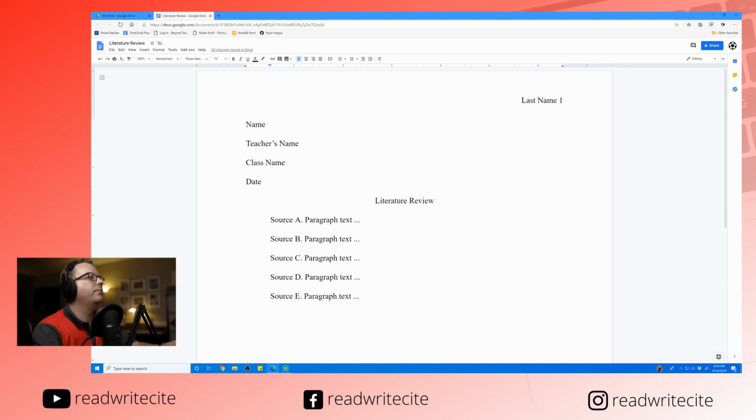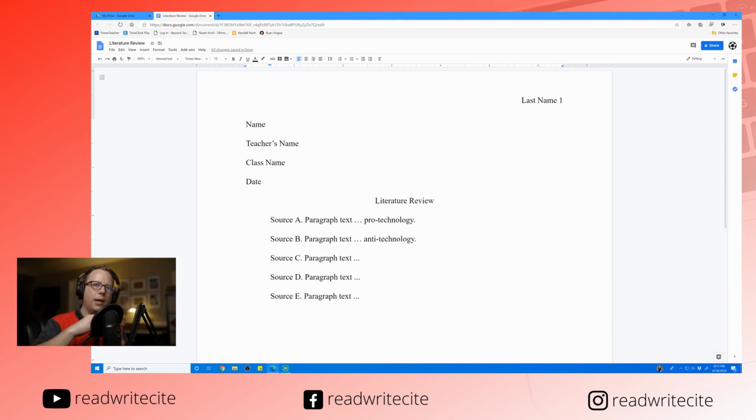Now, let's say source A is pro-technology and source B is anti-technology. How might those two synthesize together? Well, one provides context for one perspective. One provides context for a different perspective.